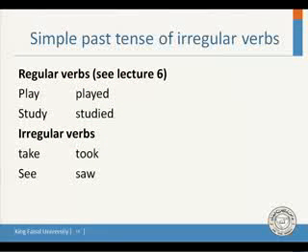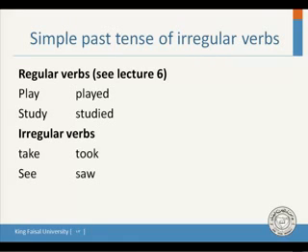Now, let's talk about the simple past tense of irregular verbs. You remember in the last lecture, lecture 6, we talked about the simple past of regular verbs like walk, walked, shop, shopped, play, played, study, studied.